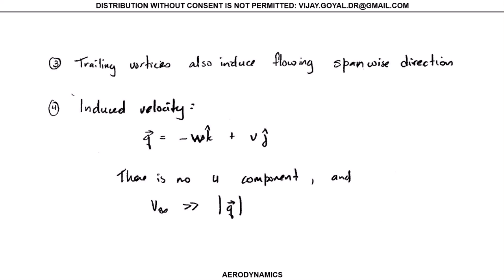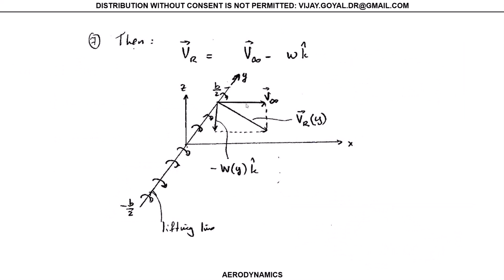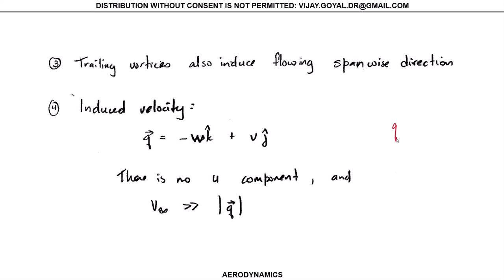With that said, let's consider a case where I have induced velocity. So that extra velocity here, that's the velocity I'm talking about, right there. Okay, so this is my total velocity, what I'm calling the velocity Q. I call W that downward velocity, that's minus k.